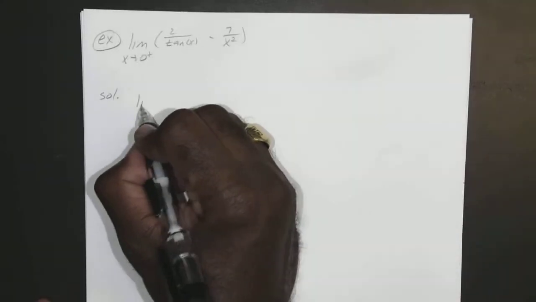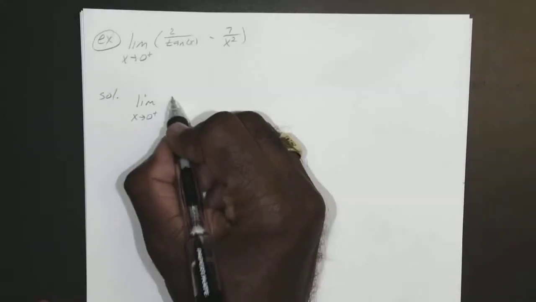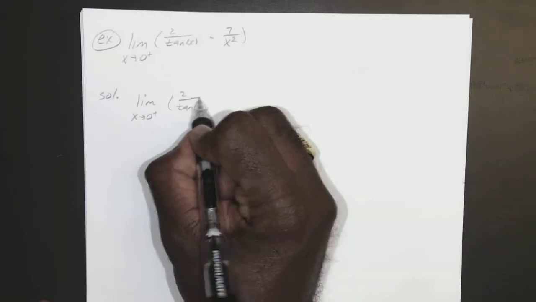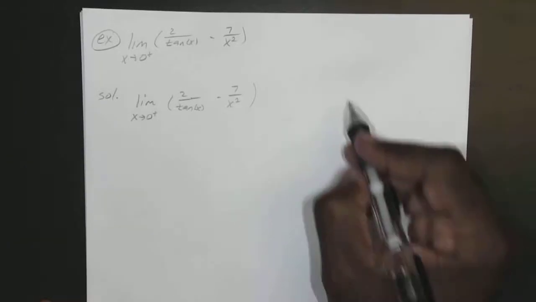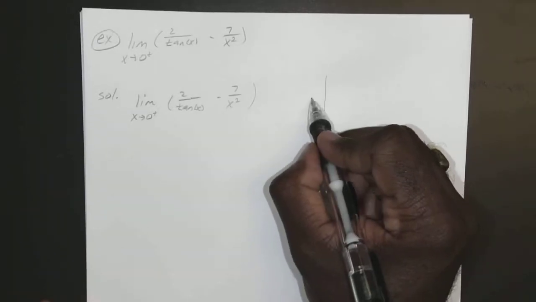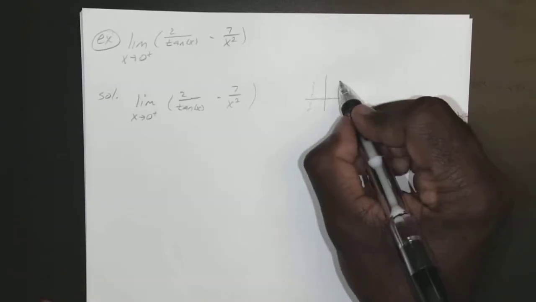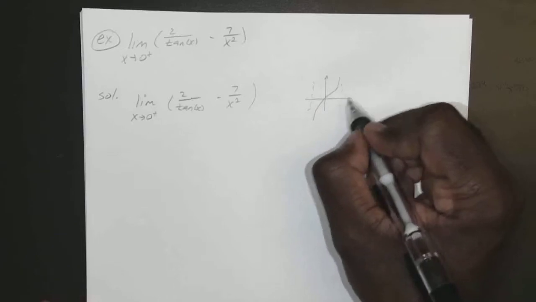Okay, so if we have the limit as x approaches 0 from the right of 2 over tangent of x minus 7 over x squared. If you remember your graph of tangent x, it kind of looks like that.